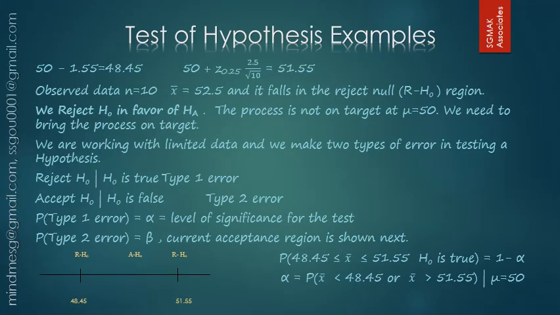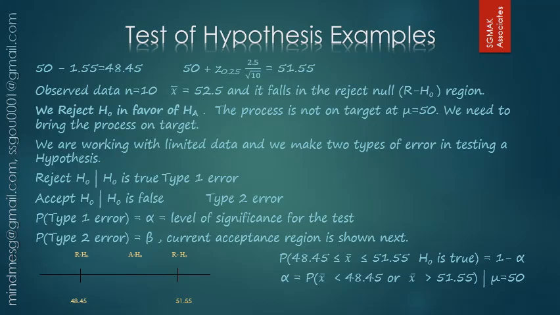The equation is mu plus minus z alpha over 2 times sigma over square root of n. Our sample size is n. Sigma over square root of n is used because we are looking at the standard deviation of the sample average. So based on a sample size of 10, the value of sigma and alpha 5%, your acceptance region, or fail to reject region, falls between 48.45 and 51.55.